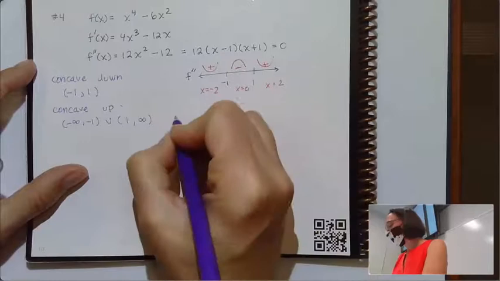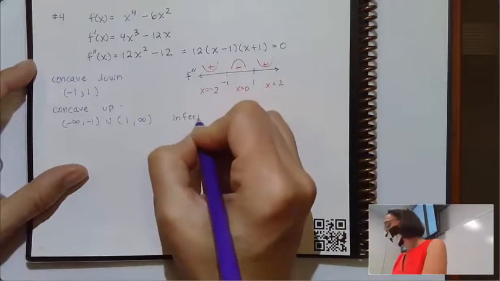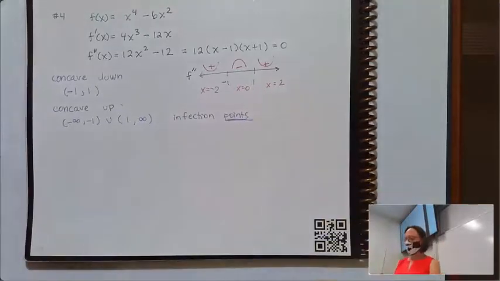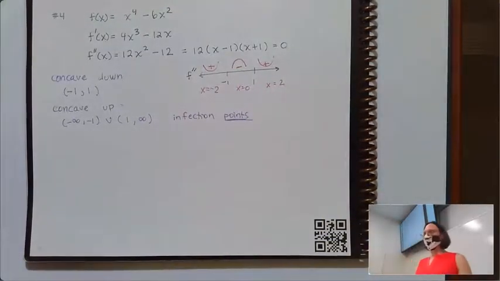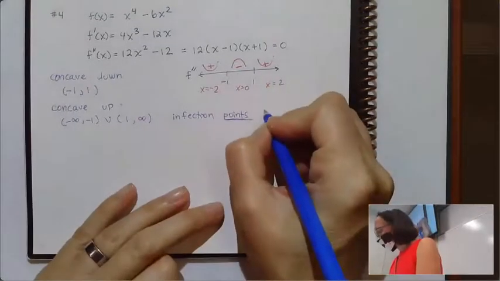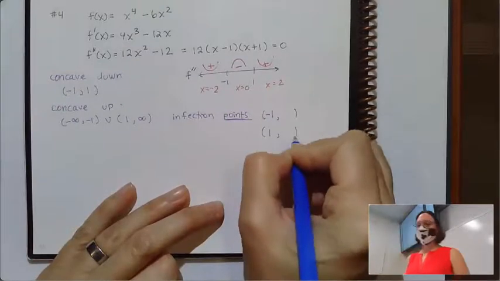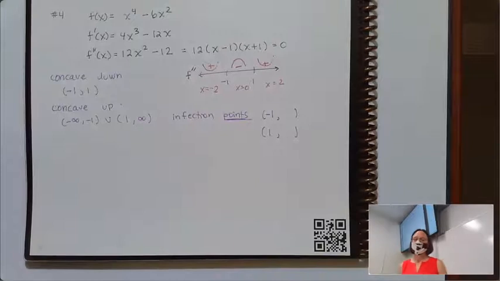For the inflection points, it's a point. A point should always be an ordered pair with an x value and a y value. So I know -1 comma something and +1 comma something are going to be my 2 inflection points.